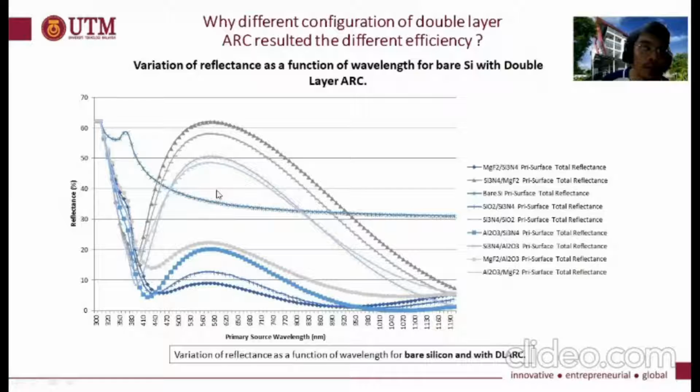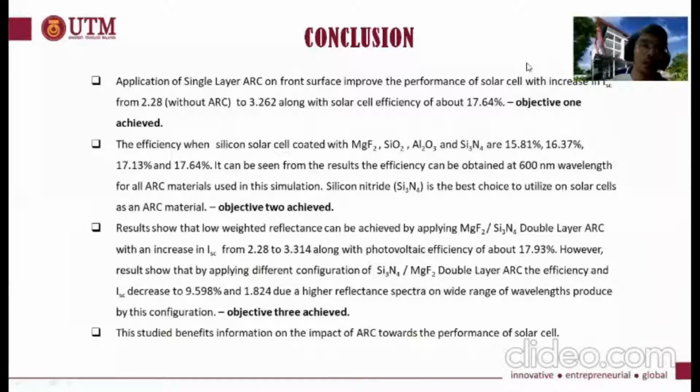When we switch the configuration to silicon nitride and magnesium fluoride, we can see the reflectance curve increase, meaning the reflectance at that wavelength is higher than without using ARC. This leads to a decrease in efficiency and current compared with not using ARC.